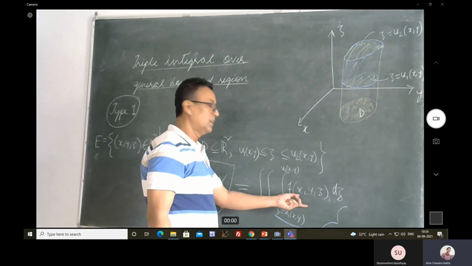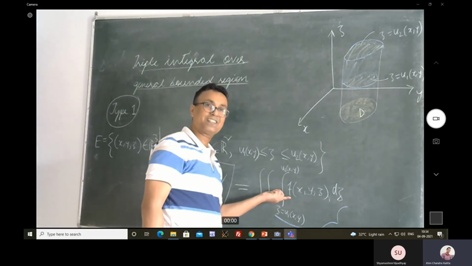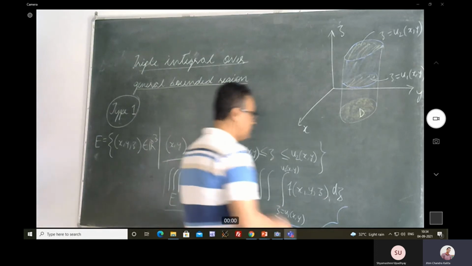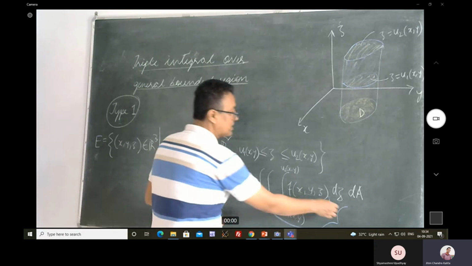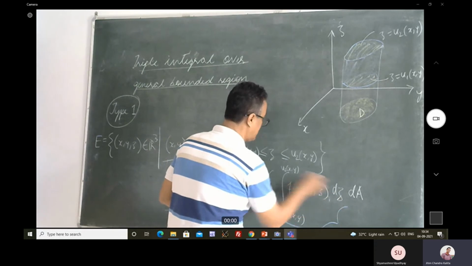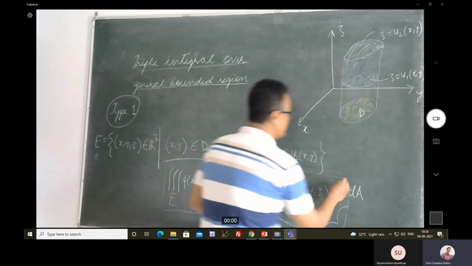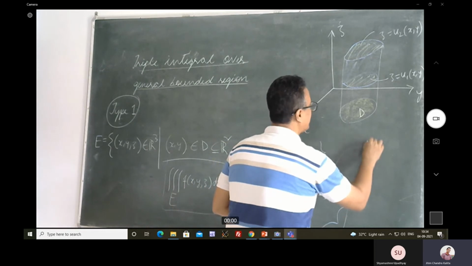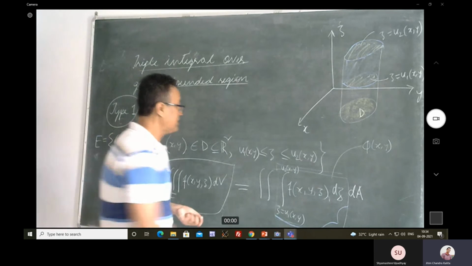Once you perform this integration, it is going to lead you to a function of two variables x and y, which looks like phi of x, y.